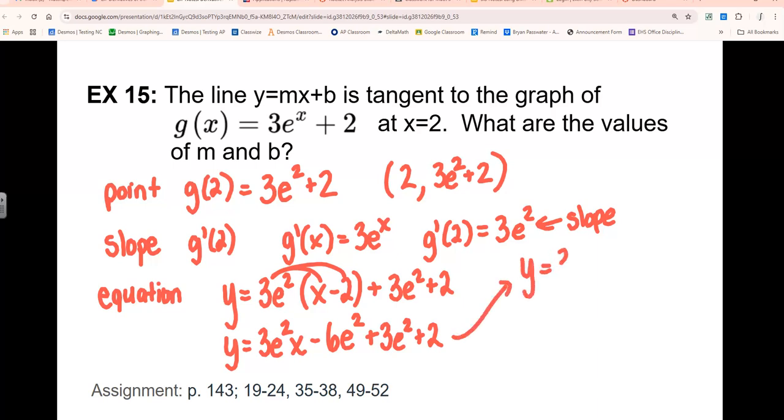Y equals 3e squared times x minus 3e squared plus 2. Anything else I can put together there? I'm sorry, it should be a 3. That's a 3 right there. I'm going to rewrite that. It's ugly. And the eraser does not work on this, which is fine.